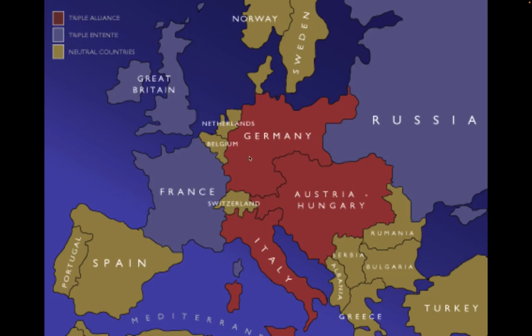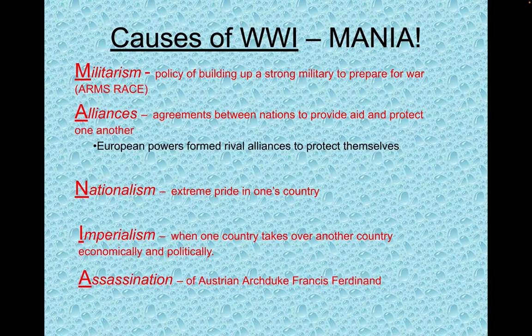So having this rise in nationalism across Europe also makes it so that places like Serbia and the other Balkan states are not really happy that Austria-Hungary wants to annex them or take them over, or that they're being involved there to begin with. So this is going to be really important, this rise in nationalism, for the last A in MAINIA.